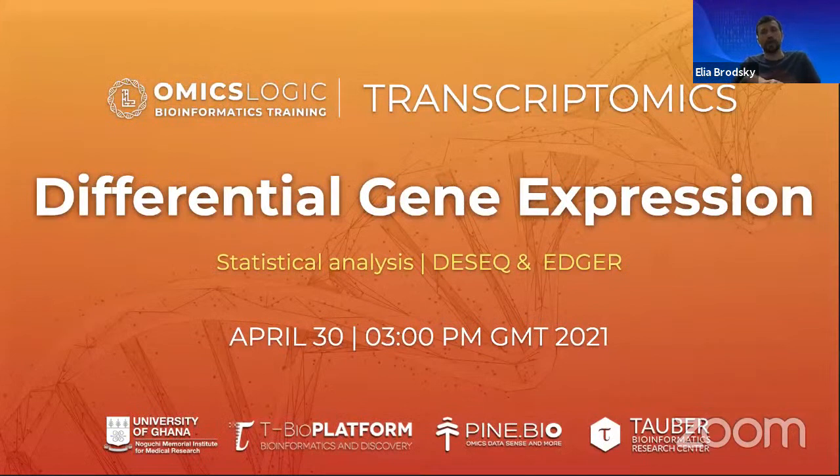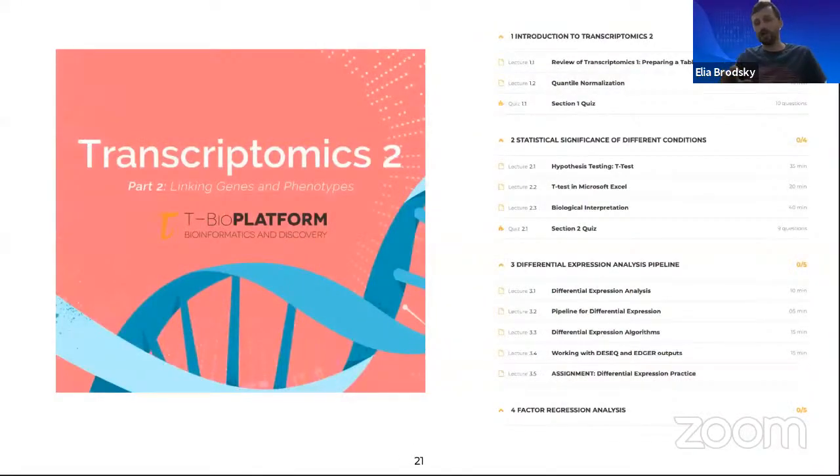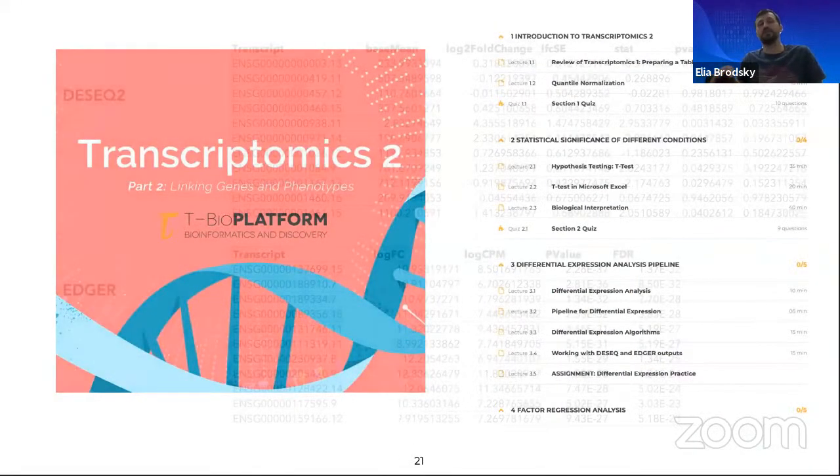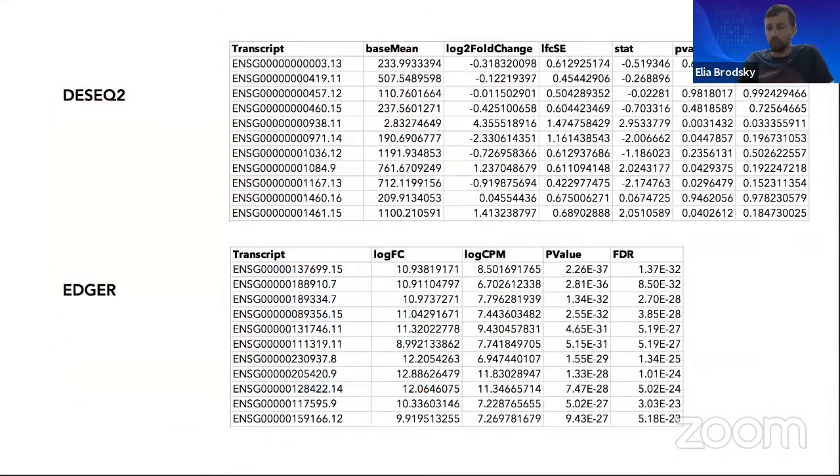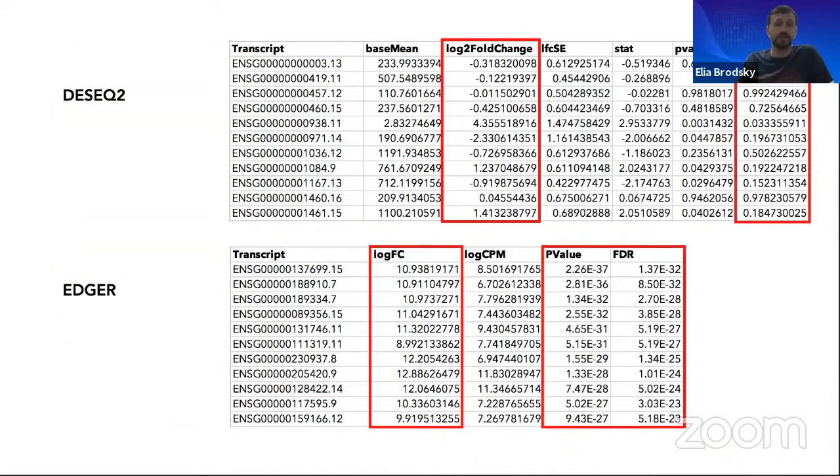Then we will turn to differential gene expression. We'll take a look at these popular packages called DESeq2 and edgeR. There we will learn both about the logic as well as the differences between these methods and how we can use the different values in these methods to really select the genes that are helpful for biological interpretation.